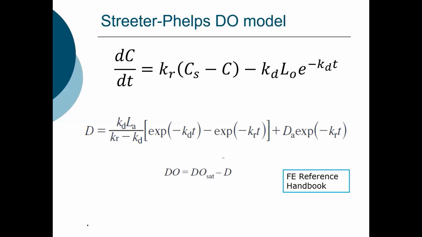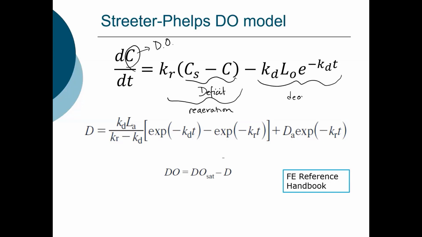Get to the Streeter-Phelps model. Notice we're modeling the change in concentration. It's the change in dissolved oxygen concentration as a function of time. Notice here, again, we have the deficit. Okay? So we have a term for reaeration, and we have a term for deoxygenation.